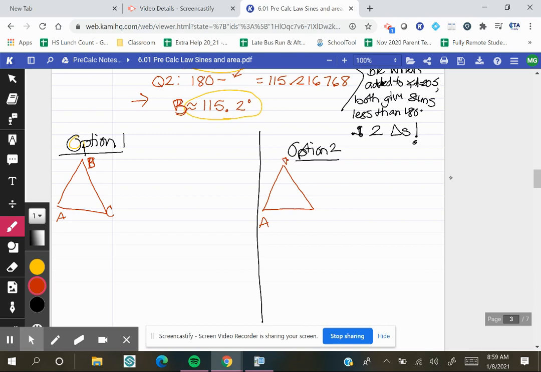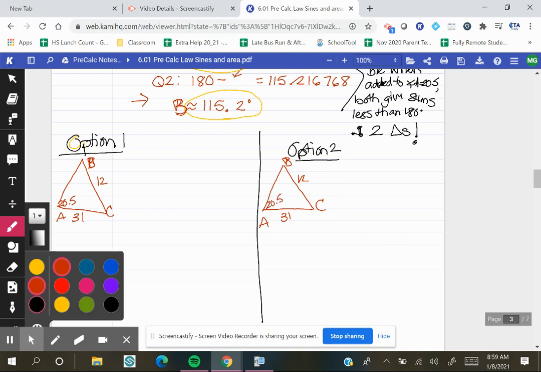That has to be true for any possible triangle that we have. So I'm going to put that all in red. So that's 20.5 for angle A, 12, and 31. All of that's exactly the same for both of these.